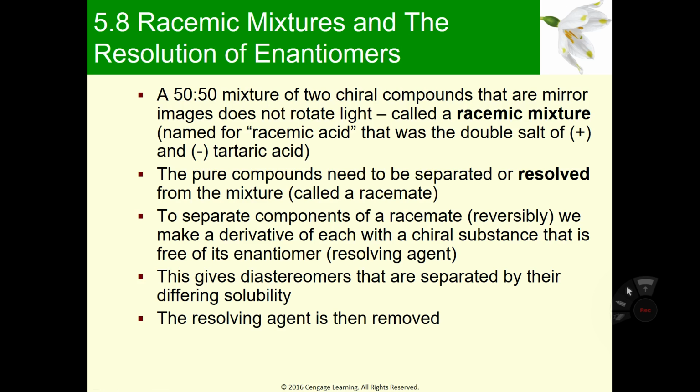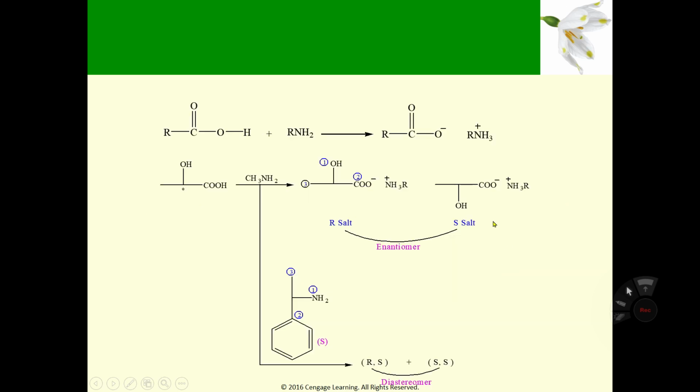So people always want to separate one enantiomer out of a mixture of enantiomeric pairs, and we call this resolution, to separate enantiomers from the racemic mixture. Now, there are a few ways to separate them. The easiest way is to apply the acid-base reaction concept.